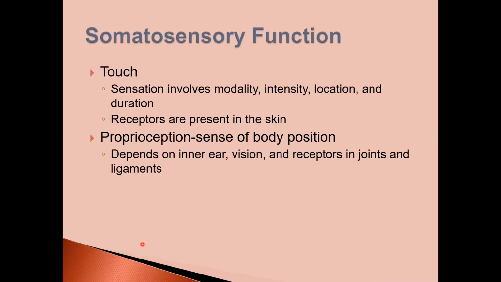When we talk about proprioception, there are a lot of pathophysiological things that can affect it. The one that I always target is CVAs, or strokes, cerebral vascular accidents, which can affect the sense of body position, proprioception.